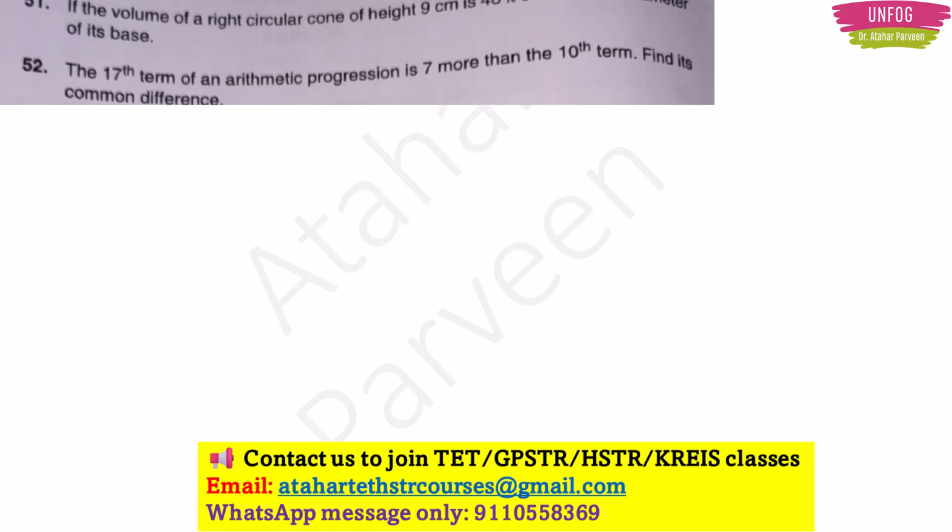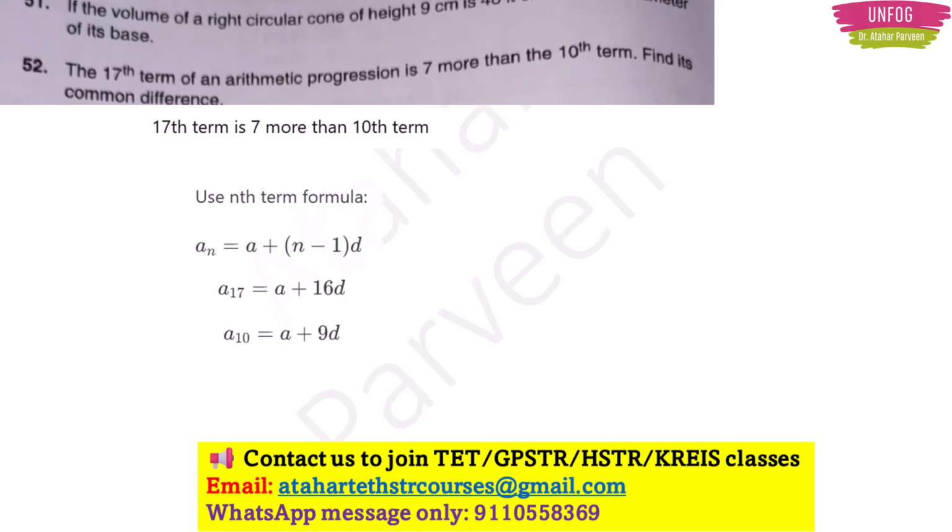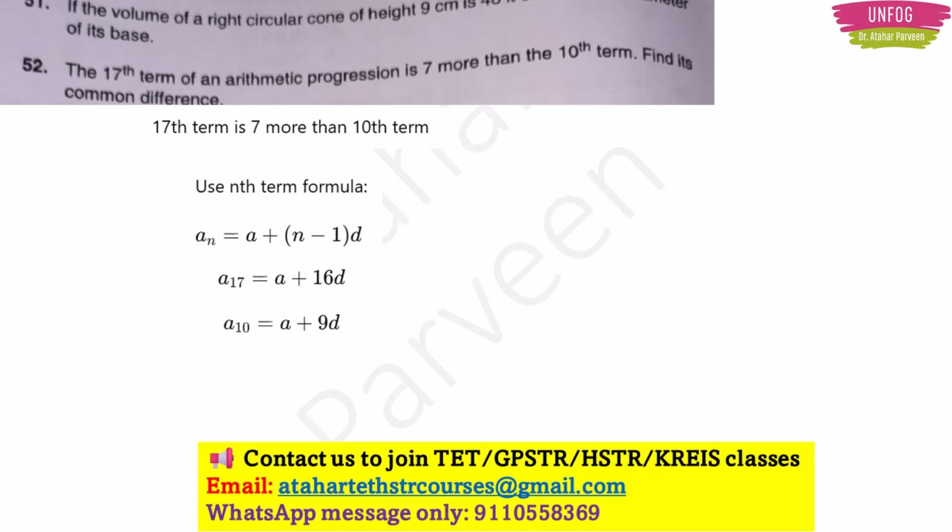So here they have given that the 17th term is 7 more than the 10th term, which means that you have this formula an is equal to a plus n minus 1 into d, and here it is clear that they are talking about the 17th term and the 10th term. So using this formula you can write down the 17th term and you can also write down the 10th term. Right, an is equal to a plus n minus 1 into d.